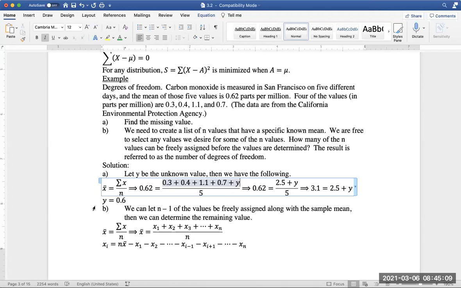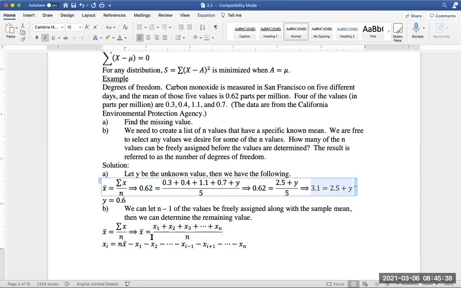So we can let n minus 1 values be freely assigned along with the sample mean, and then we can determine the remaining value. So I have that x-bar equals the sum of x over n. Let's multiply both sides of my equation by n, just like what I did here.